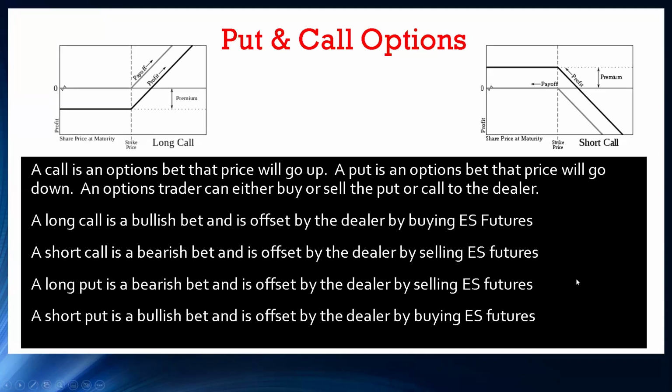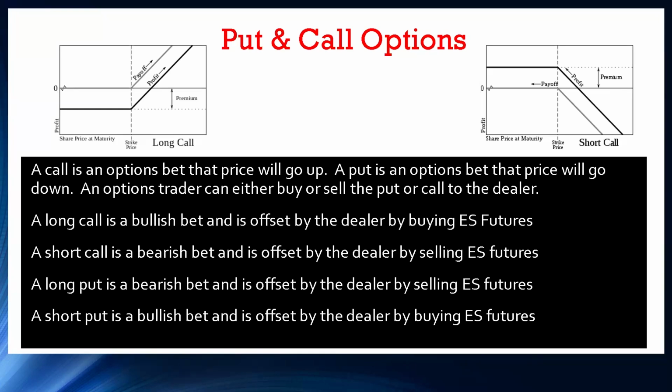The opposite is true if you're short a call or long a put. This is how he's able to stay hedged until either the option expires or you close that trade.